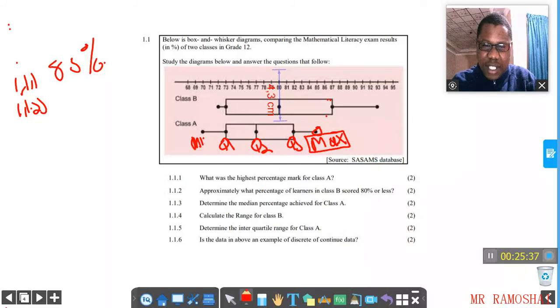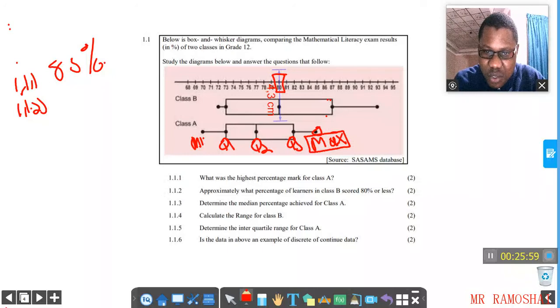Right, I got it right. So now we can see that here is 80% of the marks. Remember the question says, what percentage of learners? That is what we are concerned about.